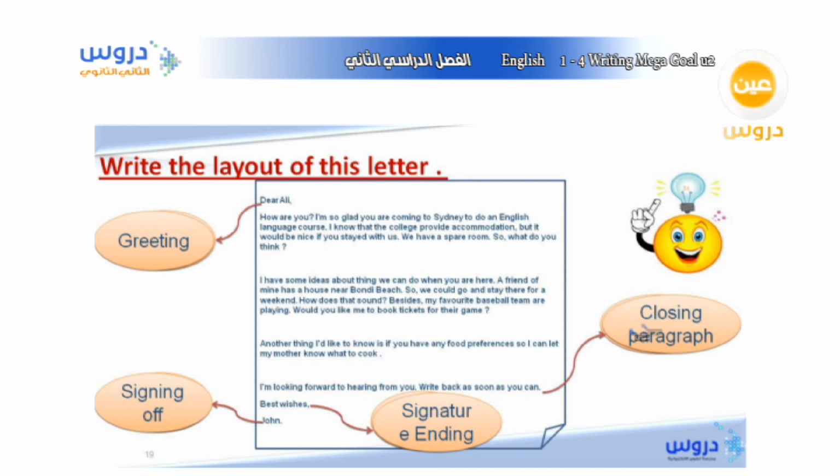Okay. Then we have closing paragraph. For example, I'm looking forward to hearing from you. Write back as soon as you can. After that, we have signature, ending, best wishes, then signing off. Here you can write your name.